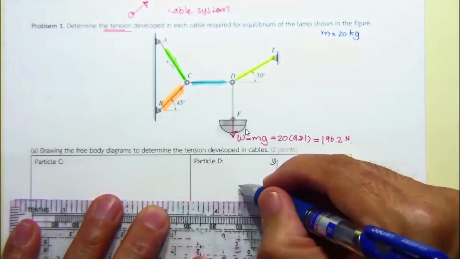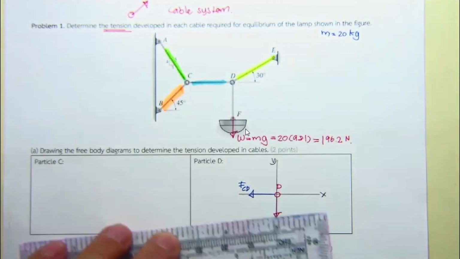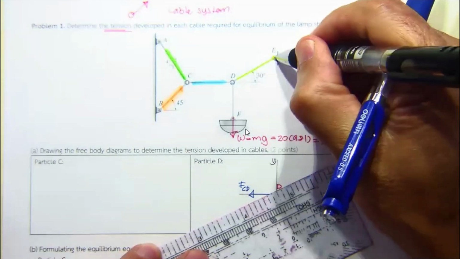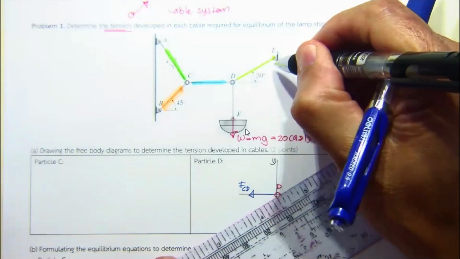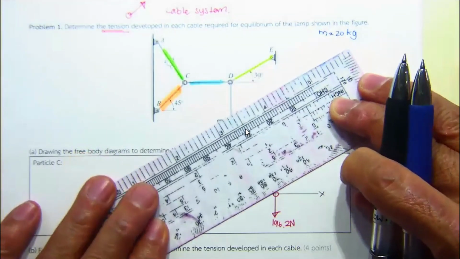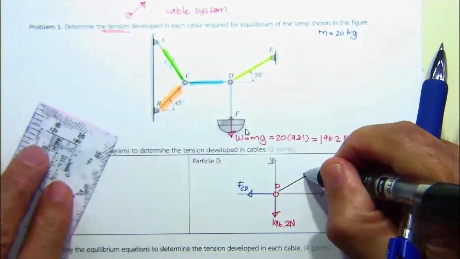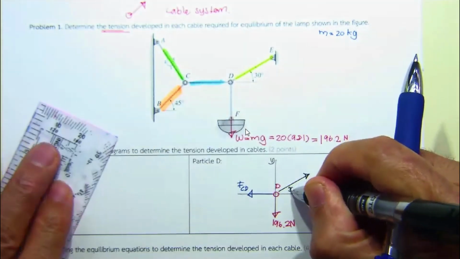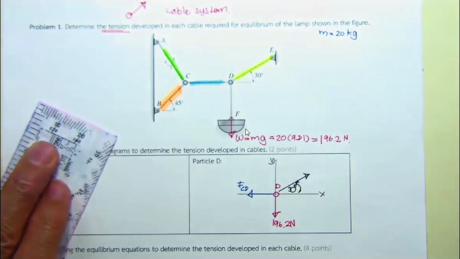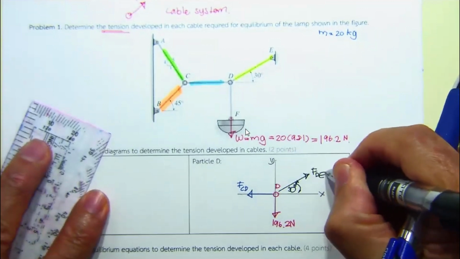So this is F sub CD, and there is another one on cable DE. Just copy it at the same angle, about 30 degrees, and this is F sub DE.